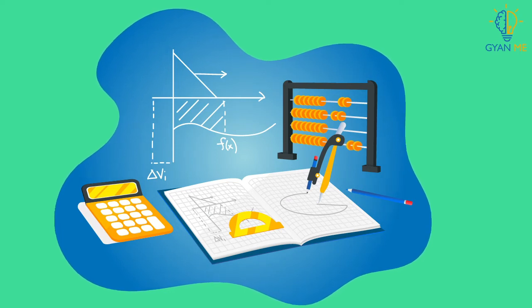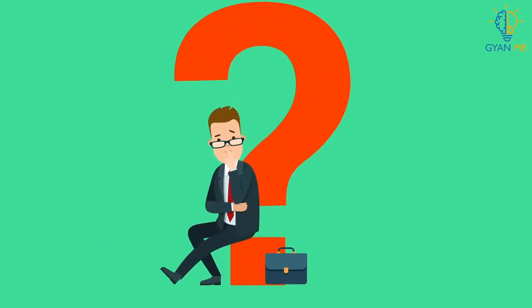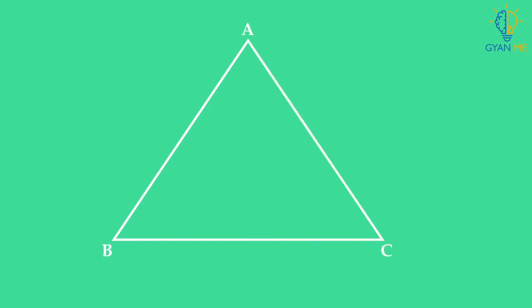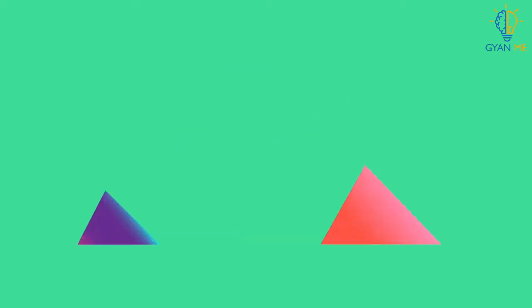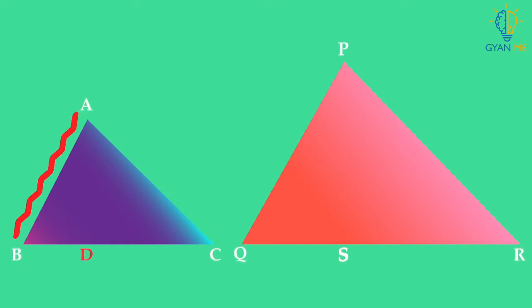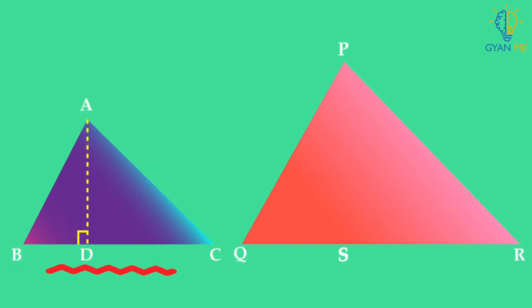Students, can you recall how to draw the altitude of a triangle? Yes, the altitude of a triangle means a perpendicular drawn from one of the vertices of the triangle to its opposite side. So let's draw a line AD perpendicular to side BC in triangle ABC and PS perpendicular to QR in triangle PQR.